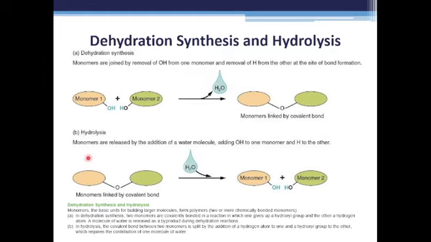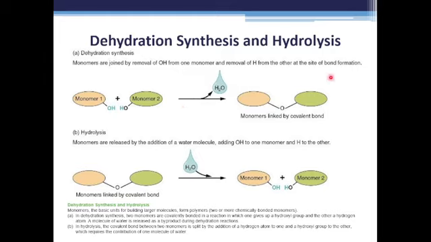Next is hydrolysis. This is the opposite process of dehydration synthesis. The meaning of hydrolysis is splitting with water. In hydrolysis, a molecule of water is added. Then the water splits into a hydrogen atom and a hydroxyl group, and these components break the covalent bonds between the monomers.